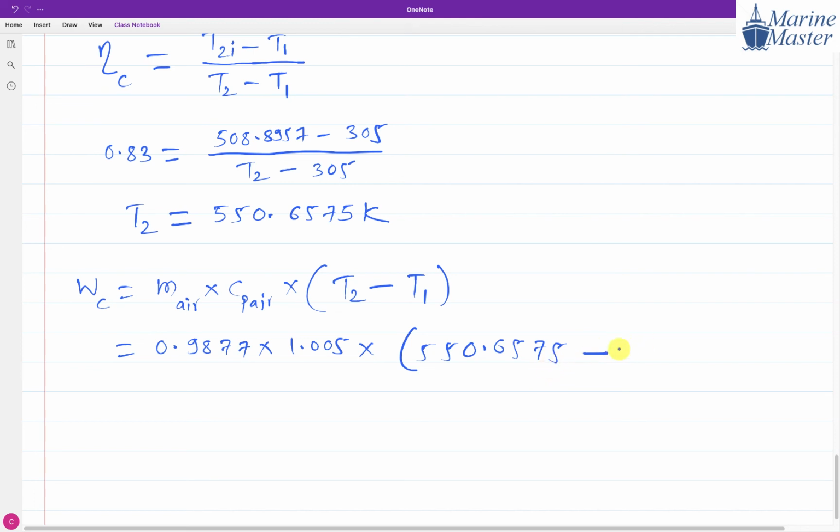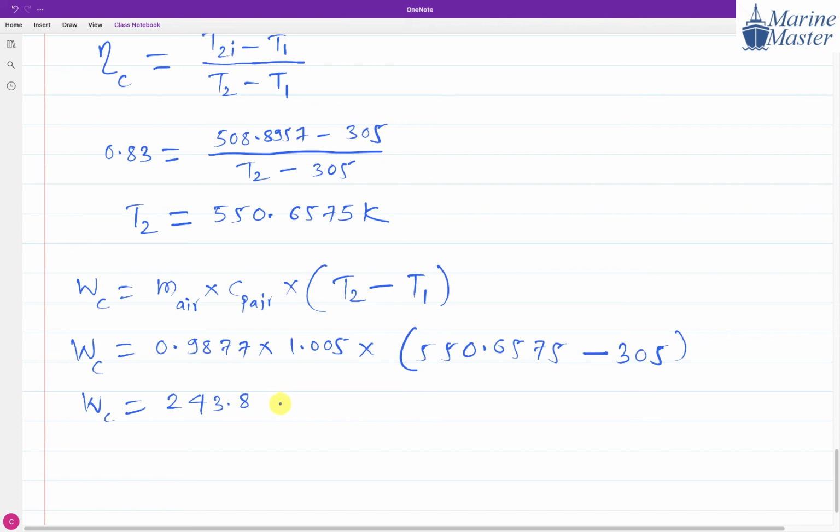How much T1 have they given us? 305. So please everyone do the calculation and tell me the value of compressor work. So 0.9877 multiplied by 1.005 into 550.6575 minus 305, 243. So how much compressor work are we getting?